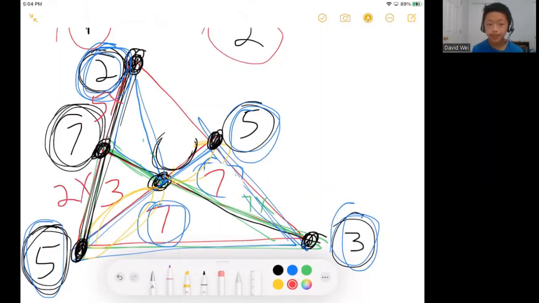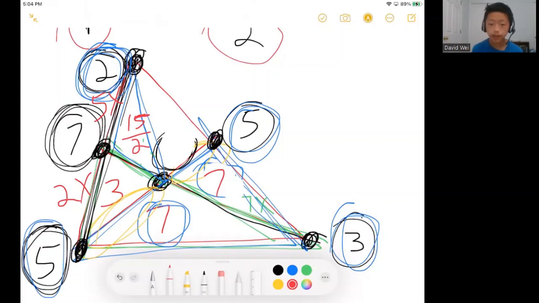Now we know that this red triangle has 5 halves times the area of this triangle, because the ratio of the bases is 5 to 2, so the ratio of the areas is 5 to 2. Since the area is 3, the area of that triangle is 3 times 5 halves, which is 15 halves.